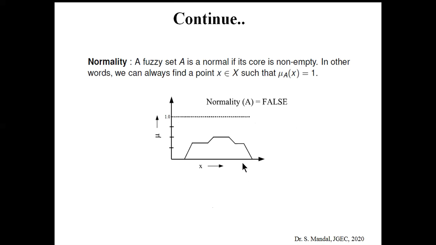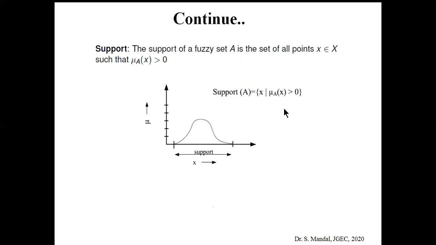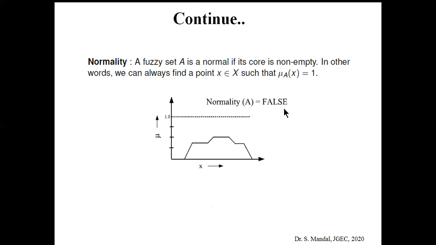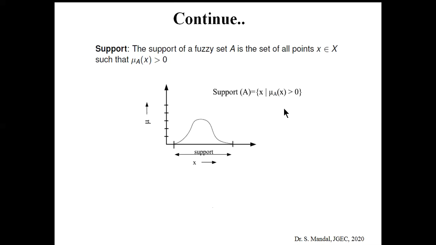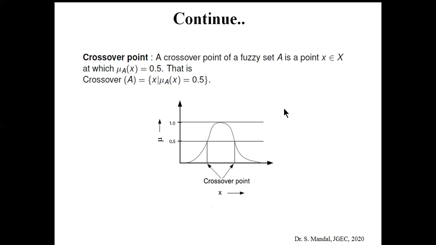Next one is normality. Normality means a fuzzy set A is normal if its core is non-empty. Here no value of the membership function takes a membership value of 1, so we can say that normality of A is false. Next one is the crossover point.